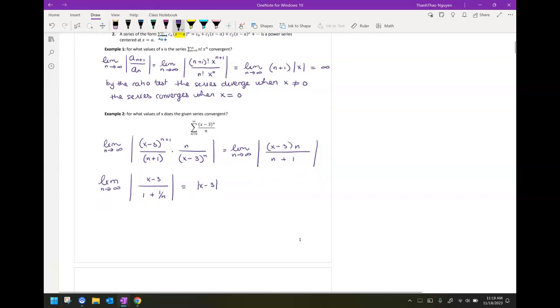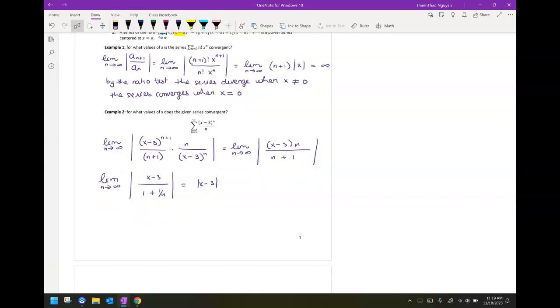Can we decide when it converges or when it diverges? By the condition of the ratio test, when the absolute value of x minus 3 is less than 1, then the series converges.